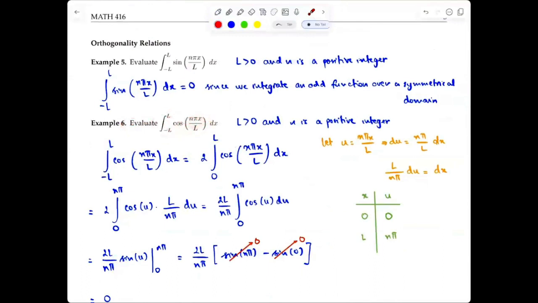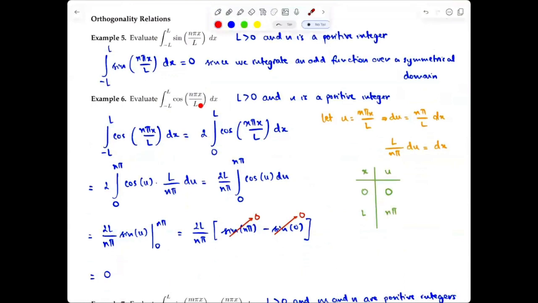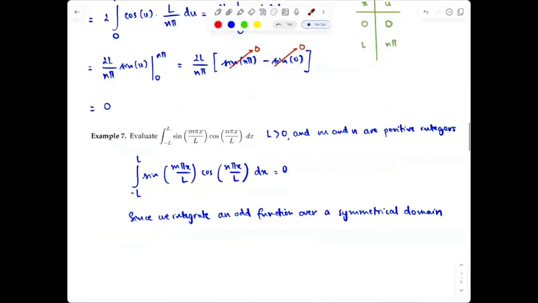You see that the integral of cosine of n pi x over L for x going from negative L to L is equal to 0. So you can apply this result automatically. In our case, you have cosine of p pi x over L, but it's going to be the same thing because we didn't specify any value of n or p.